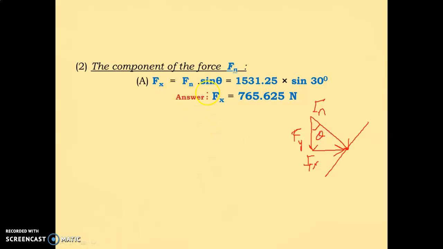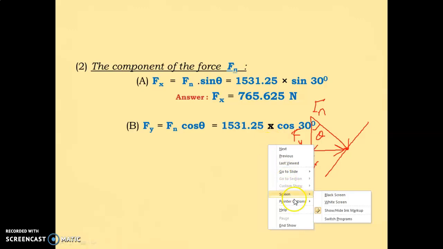So Fx is equal to 1531.25 into sine 30, which is 765.625 Newton. Now Fy, this component in the y direction, is the cos component of the normal force. So it will be Fn into cos theta.